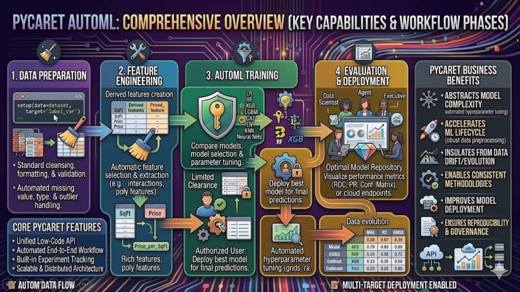When I say model selection, for example, if it is a regression problem, it will try all the regression-related models available. It can be linear regression, lasso regression, ridge regression, elastic net regression, XGBoost regression, GBM. There are so many regressions.